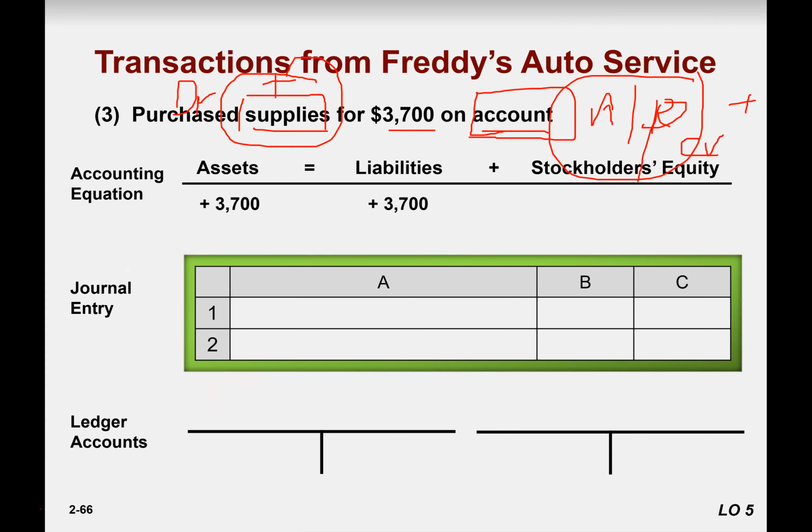How do you pronounce the entry? Supplies. I don't really understand the question. We are now transferring this transaction into the journal. There is a three-step process. Number one, you identify the accounts. So we identify the accounts here.